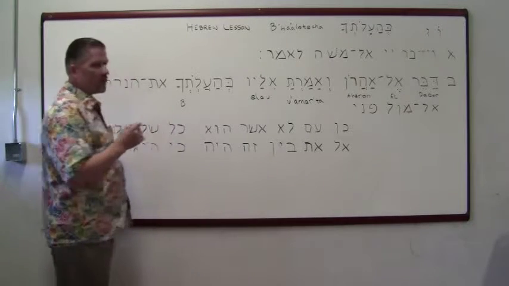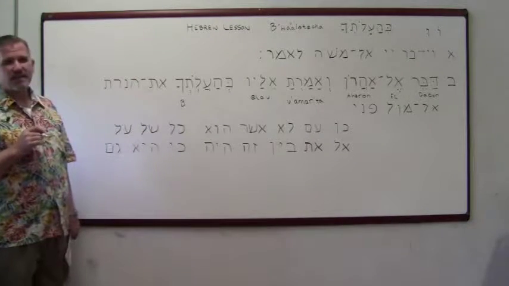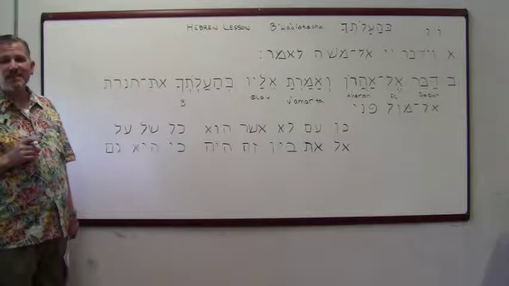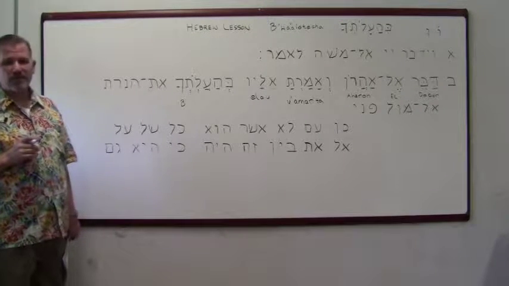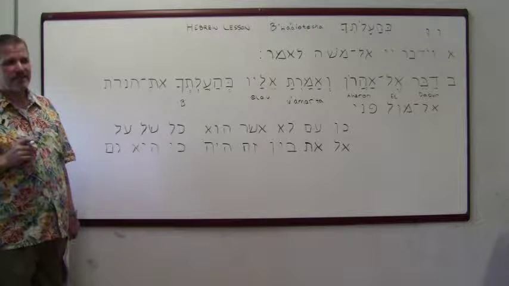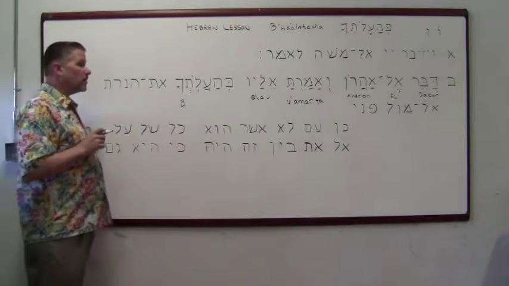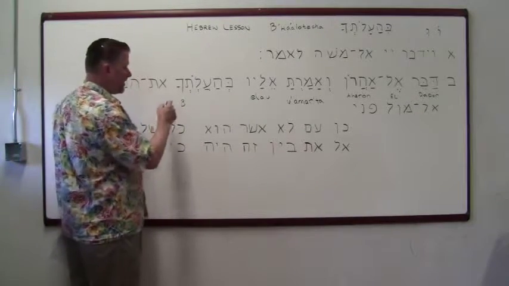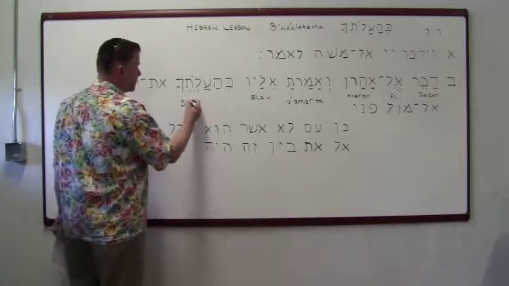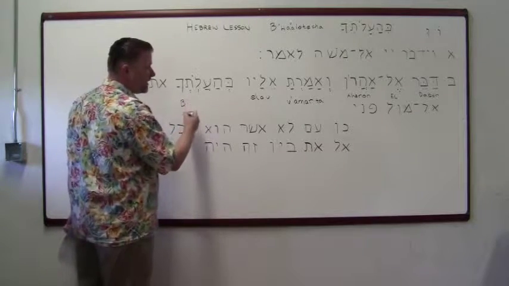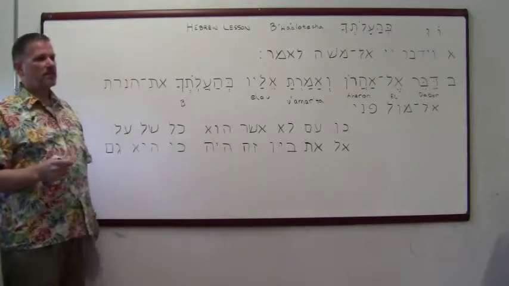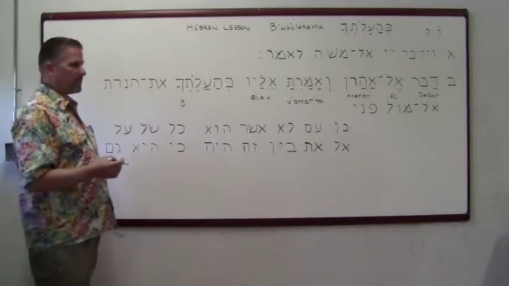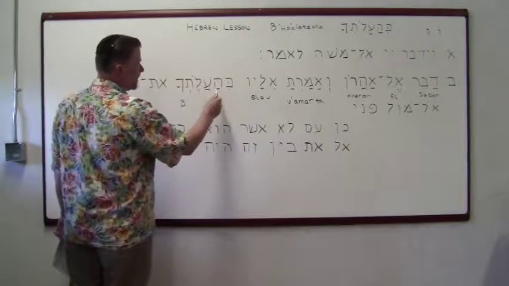Is it a Shva Na or a Shva Nach? Spoken or silent? Silent, because it's at the beginning. So it can't be a glottal stop, because you don't have anything to bring to a stop. But we'll give it an apostrophe here just to remind ourselves that it's not a lengthened sound. It's buh.